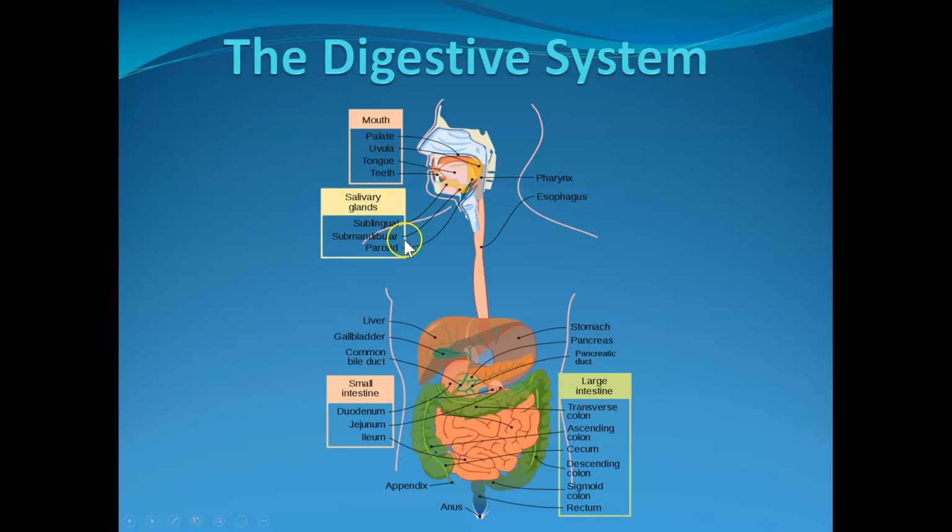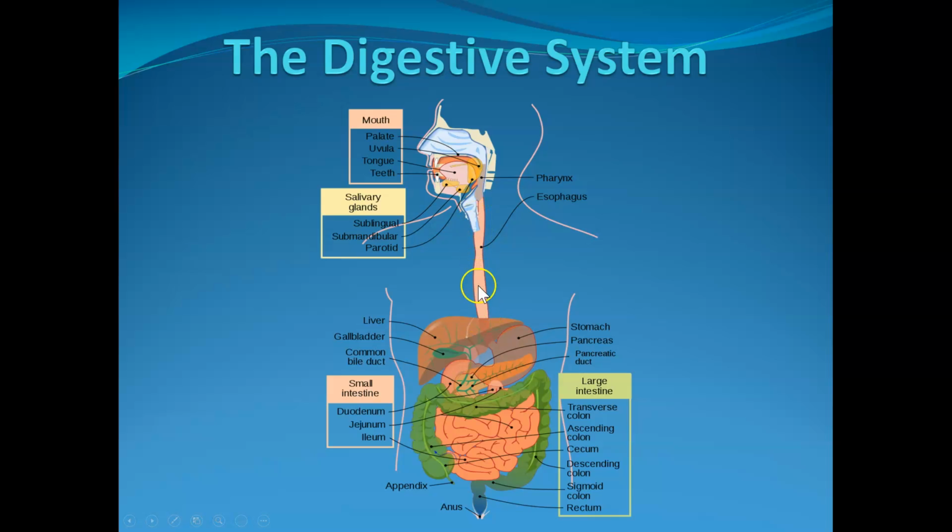Within the mouth there are these special glands known as salivary glands, which are very important for producing saliva and also secreting an enzyme known as amylase, which starts to break down the carbohydrates that you consume before they enter into this tube known as the esophagus, which lies parallel to the trachea of the respiratory system.